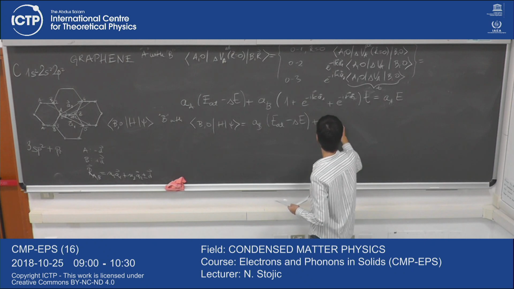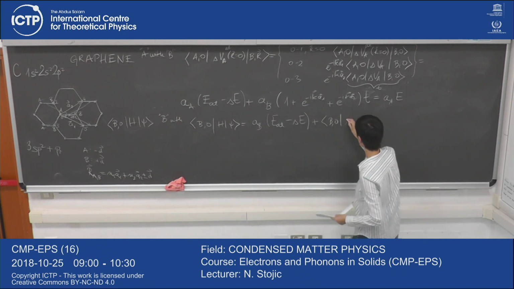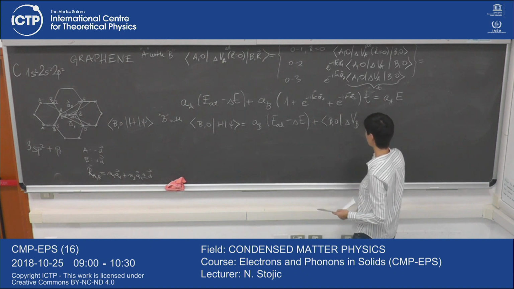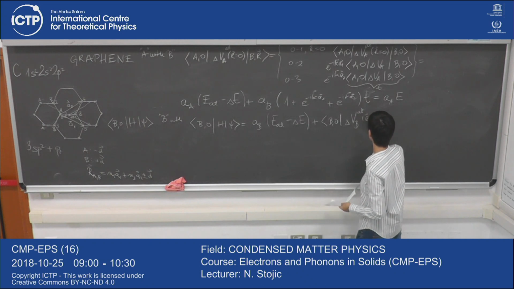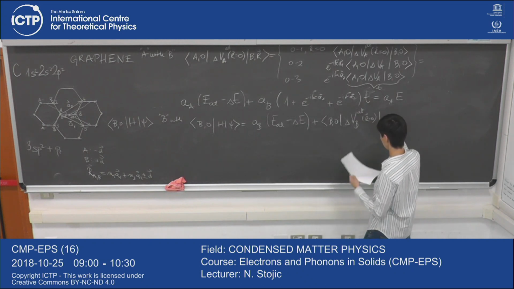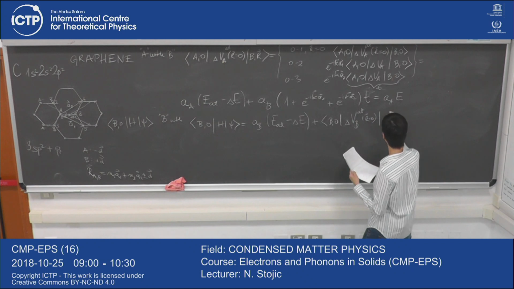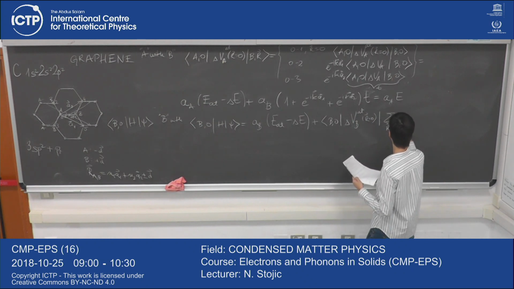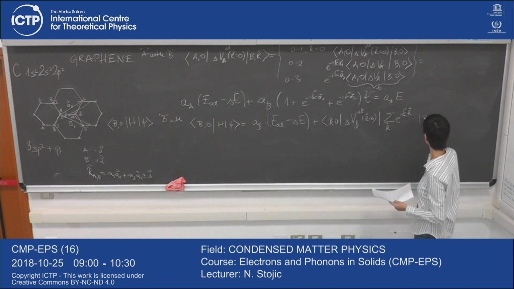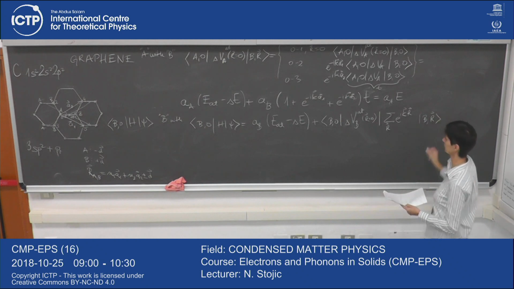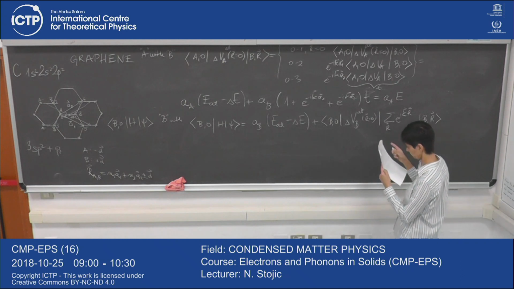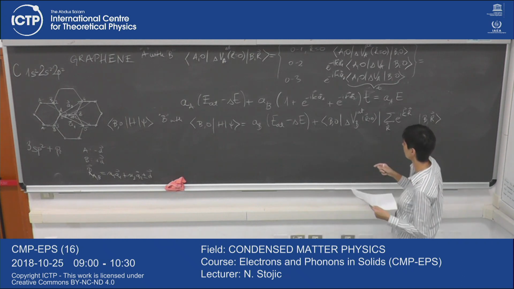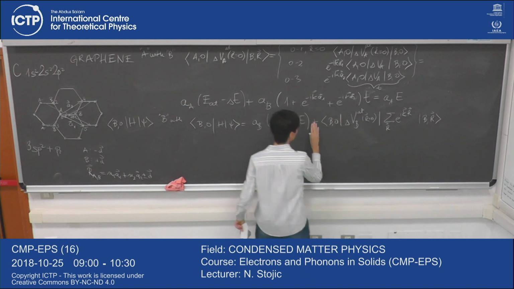Plus B0 delta VB, which is the same, just rotated the other one, of R equals 0. Okay, so here's the sum over R. Here it's AA. I should write AA somewhere.